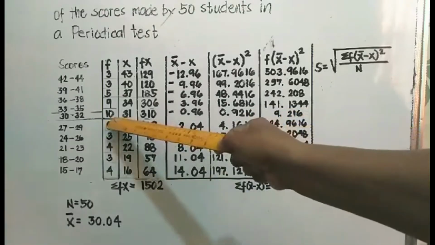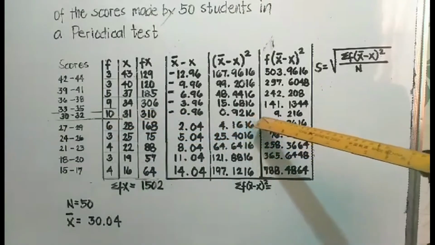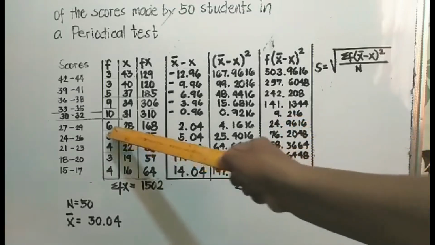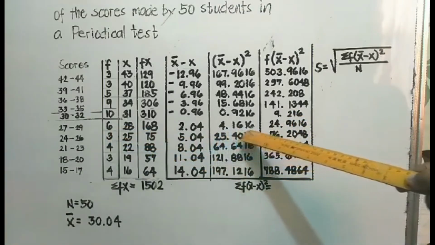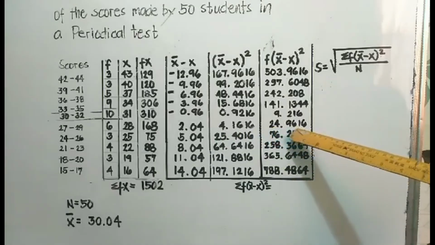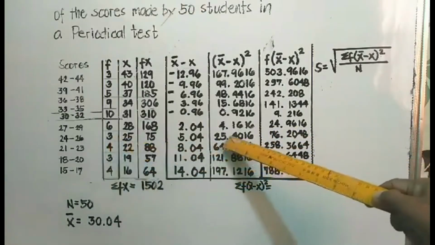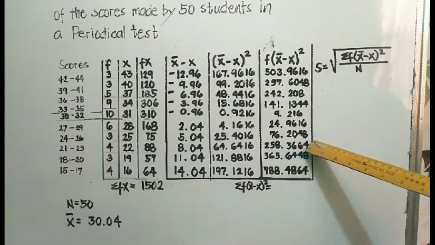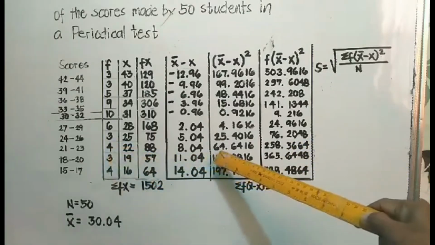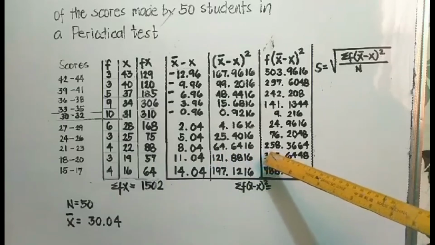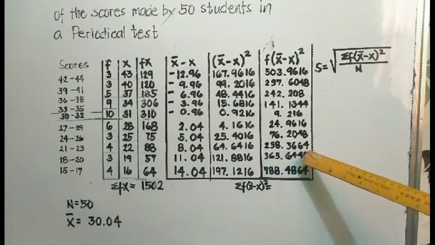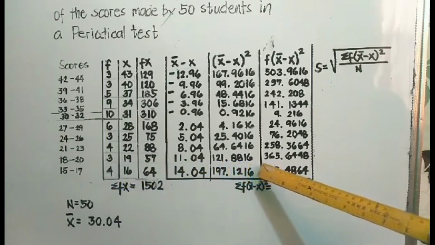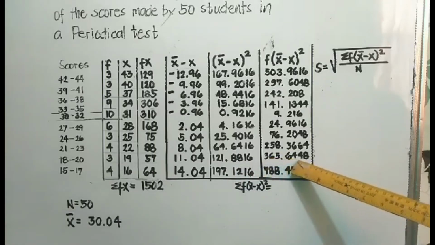10 times 0.9216 is equal to 9.216. 6 times 4.1616 is equal to 24.9616. 3 times 25.4016 is equal to 76.2048. 4 times 64.6416 equals 258.5664. 3 times 121.8816 is equal to 365.6448.